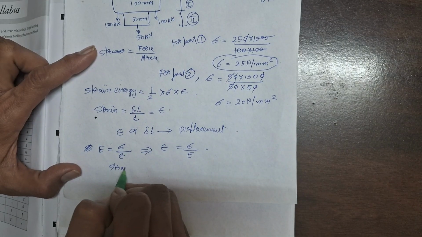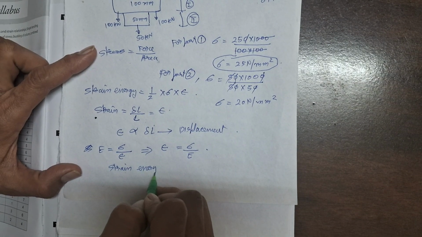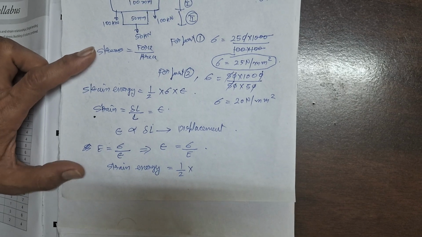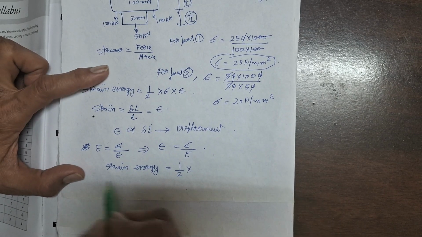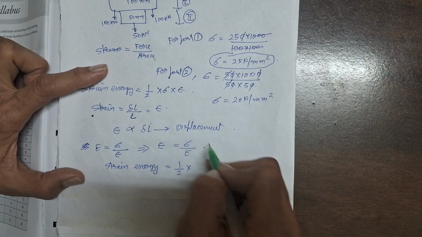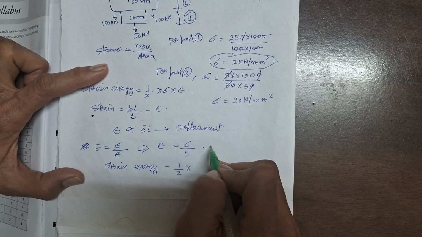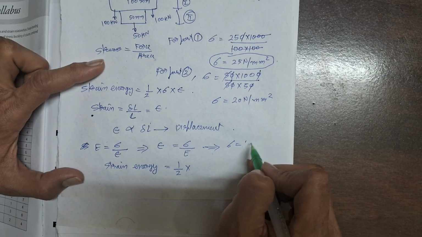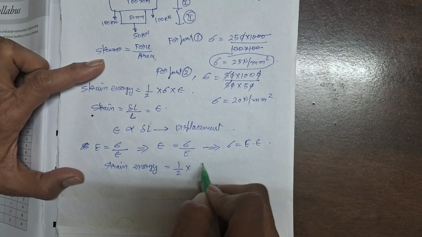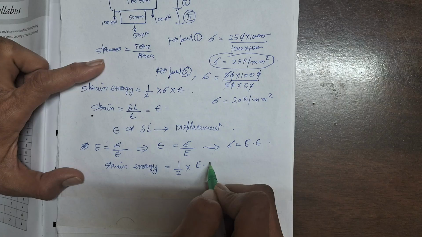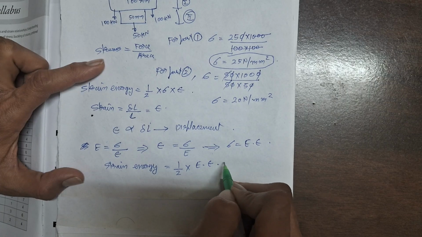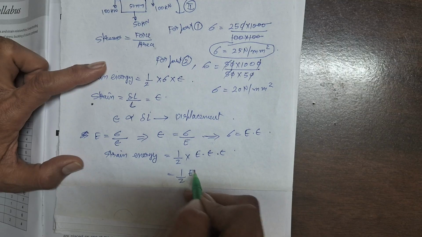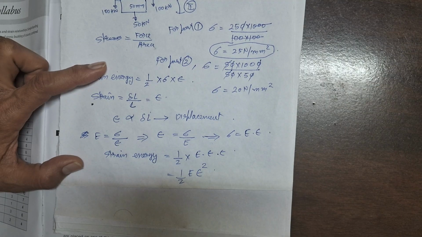So strain energy will be half into E epsilon into again epsilon, so it will be half E epsilon square.